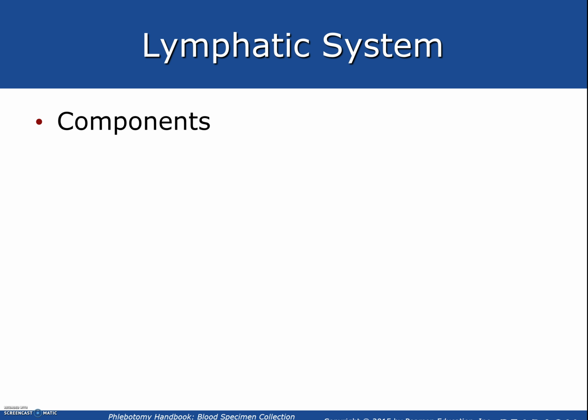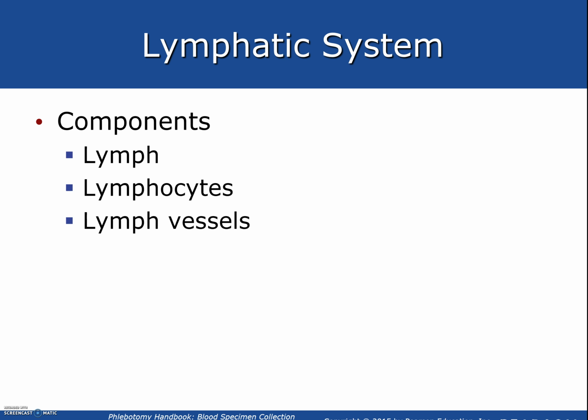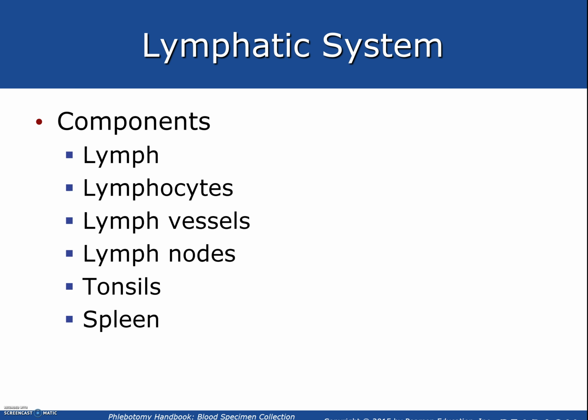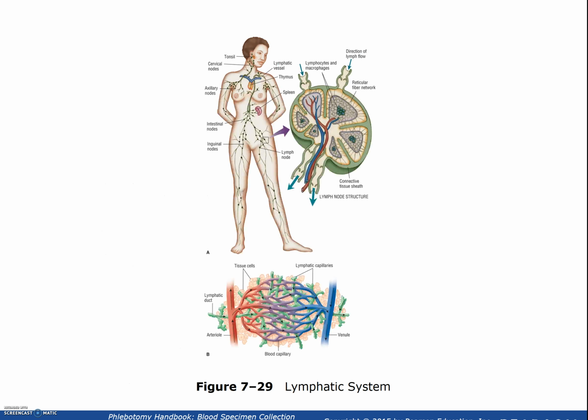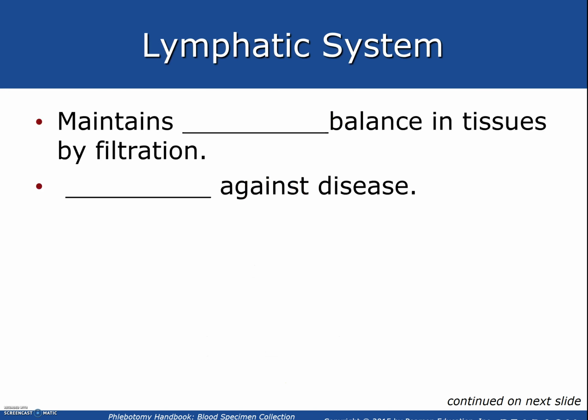The lymphatic system. The components of the lymphatic system are listed below. I will have you review these. The lymphatic system, as you can see, is branched out through our whole body. The lymphatic system maintains fluid, which is our blank, balance in tissues by filtration.